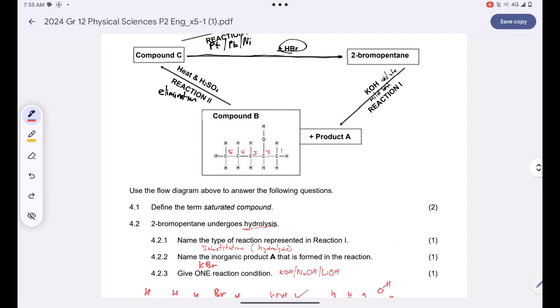Name the type of reaction represented by reaction 2. Once I see, guys, sulfuric acid present in a reaction that has alcohol, I must know that this is an elimination reaction. And what they did not mention there is that this sulfuric acid has to be concentrated. Are you together?